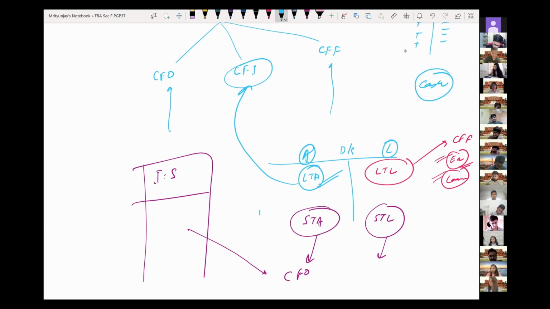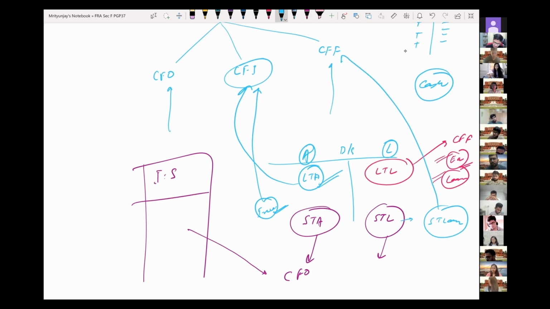One exception was short-term investment. If it is an investment, be it short-term or long-term, its effect will always come in CFI. Similarly, in short-term liabilities, we have one item called short-term loan. Even that one is an exception, in the sense that a short-term loan's effect will always come into CFF. That means a loan, be it short-term or long-term, its effect will come in CFF.